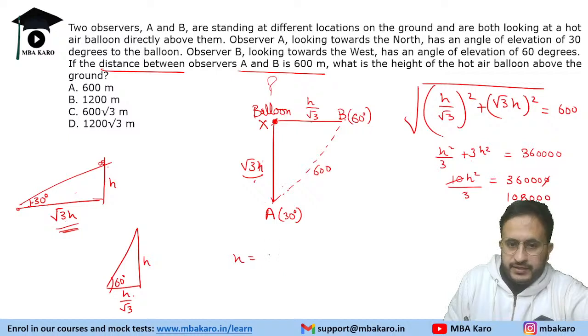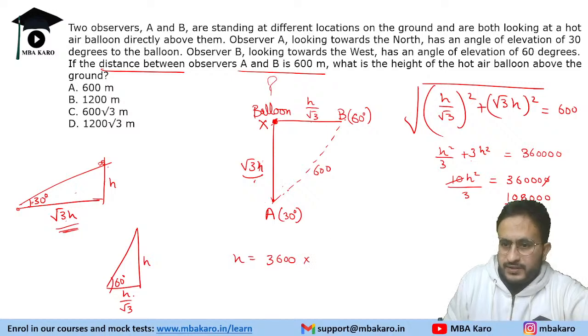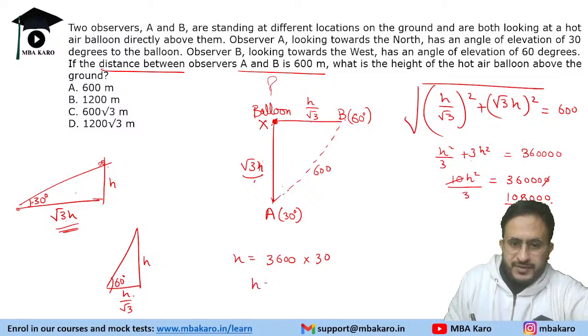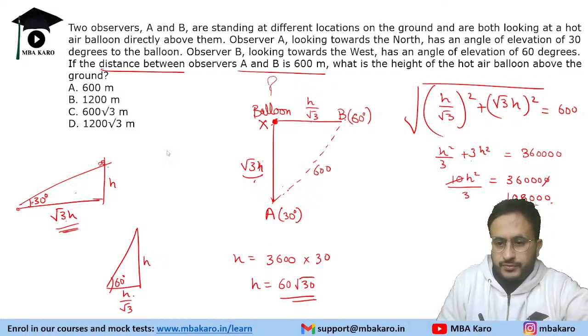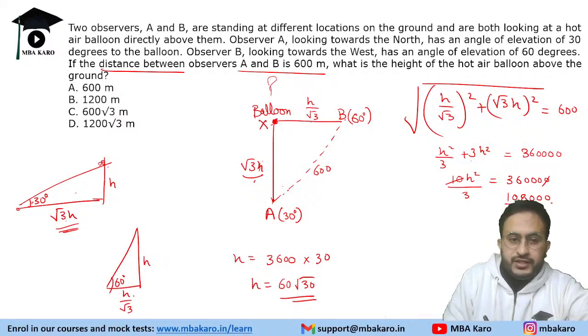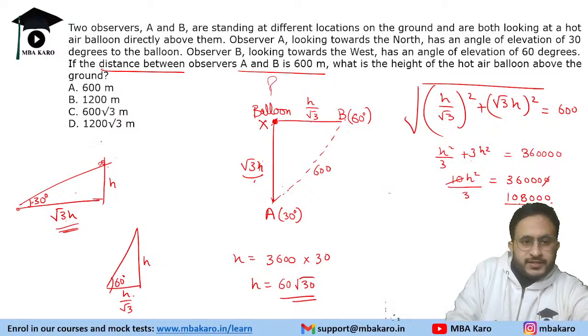We will take 3600 common, 36 into 3 and 1 0, so 30. So H will come as 60 root 30, I guess. 60 root 30 will be the answer to this, right? If you're getting 60 root 30, so that will be the answer. So 60 root 30. My bad, the options are wrong.